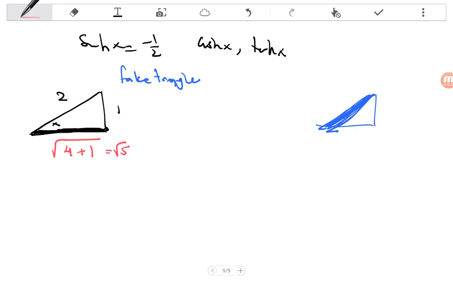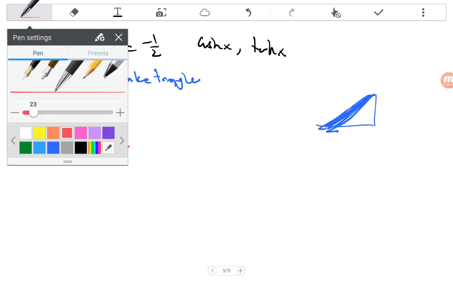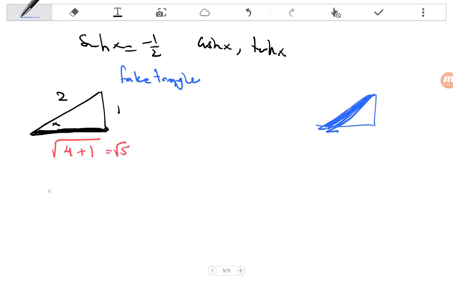Okay? Now remember, this is a fake triangle. These values do not exist for a real triangle; we just make use of the rules of triangles to find these values. So whenever I make that fake triangle, I may now find cosine x. So what is cosine x in this case? Cosine x is just the adjacent over the hypotenuse.